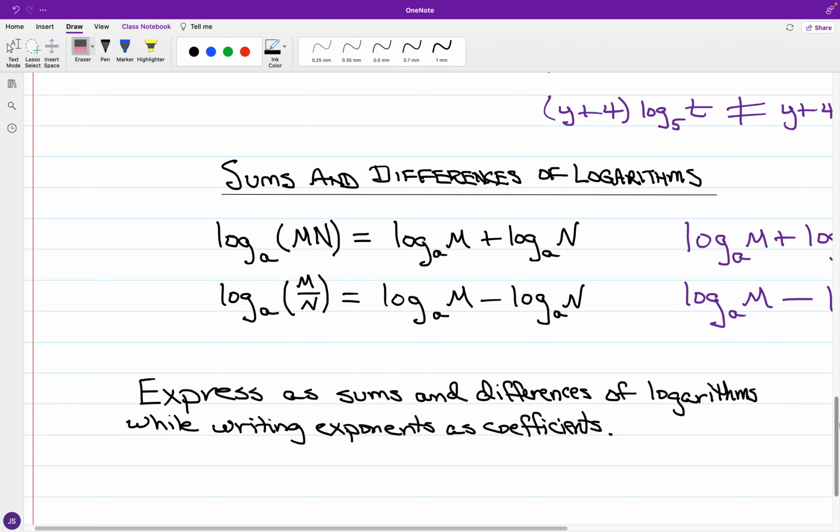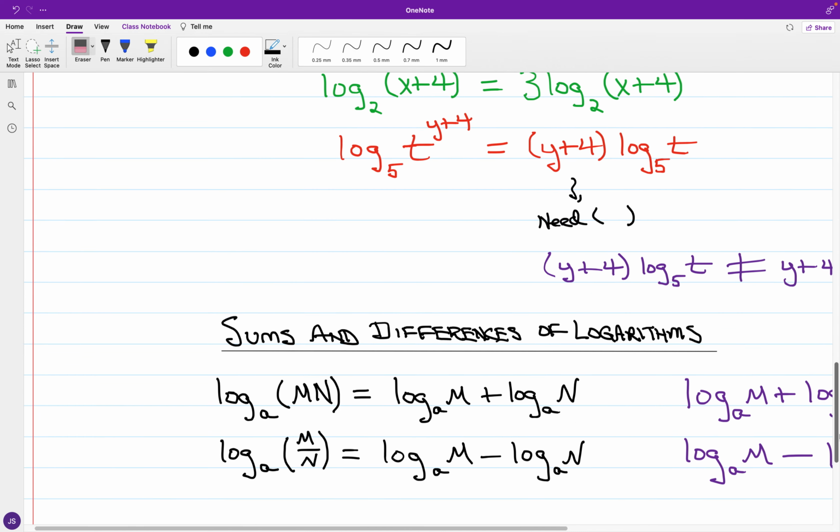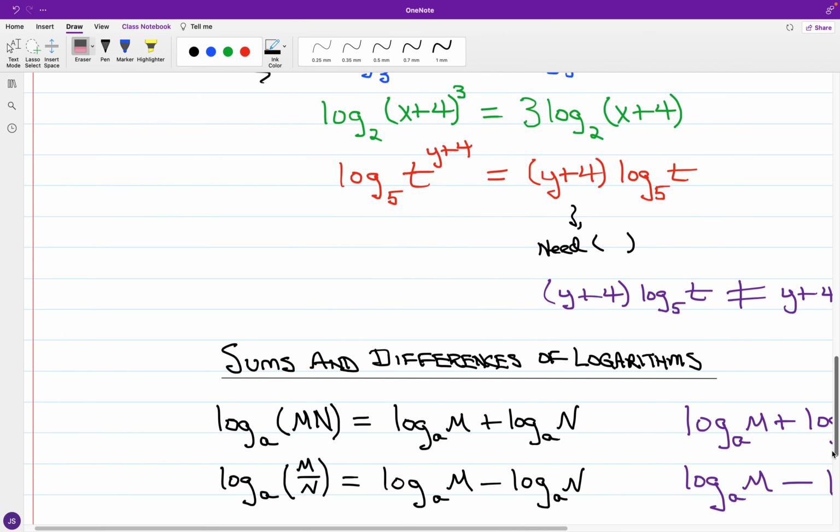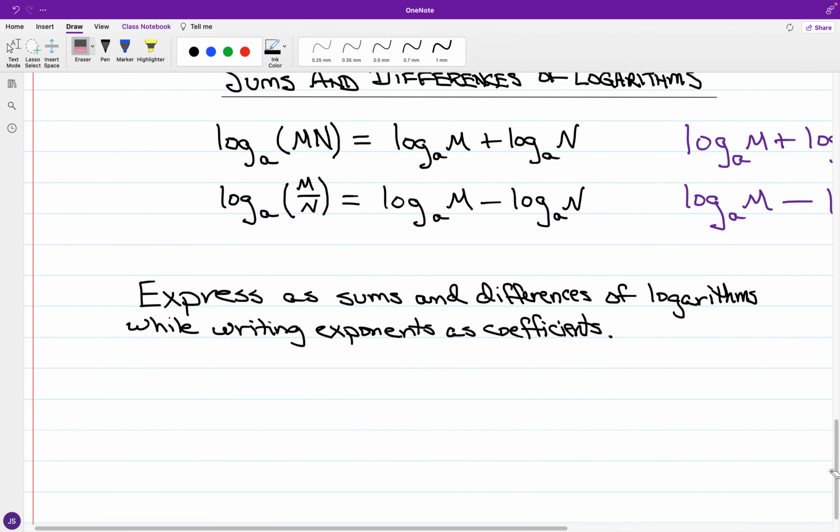And for that part about writing exponents as coefficients, it's just going back to this fourth property. So any powers I write as numerical or variable coefficients, depending upon what the exponent is.